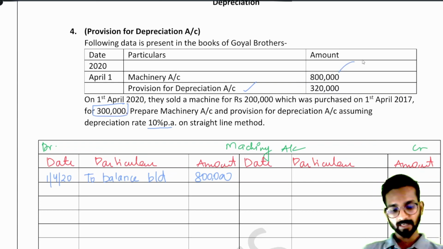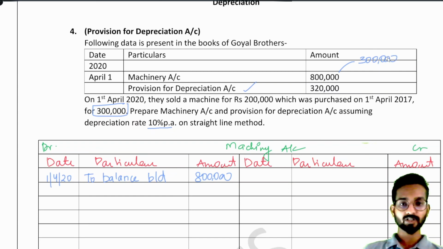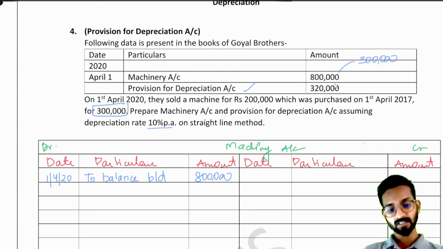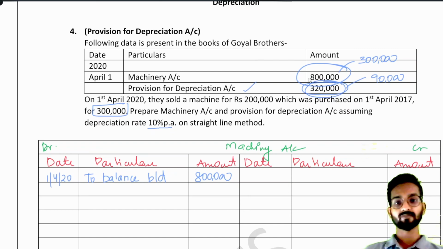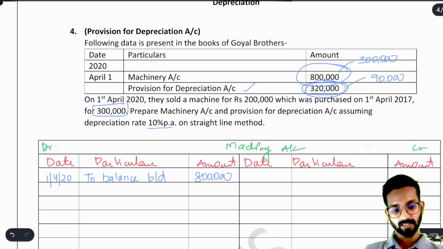So out of this 8 lakh, there was one machinery of 3 lakhs, which we are selling now. So for that particular machine of 3 lakh, how much is the depreciation in this account? We calculated and it was 90,000. So understand that 3 lakh forms the part of this machinery and that 90,000 forms the part of this provision for depreciation account.